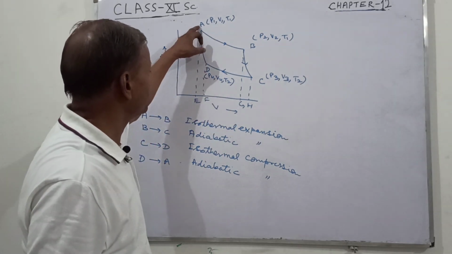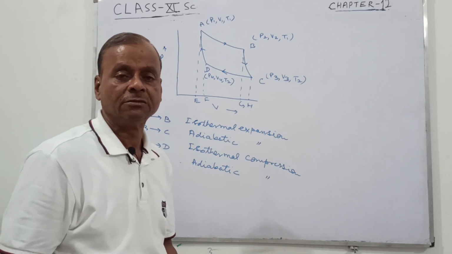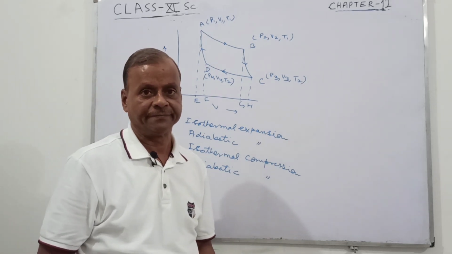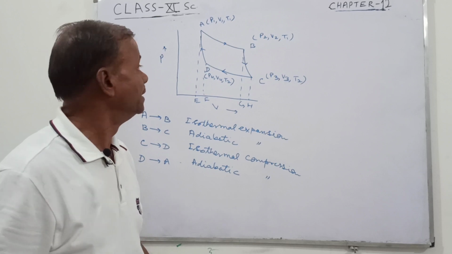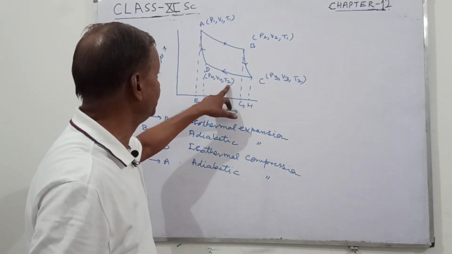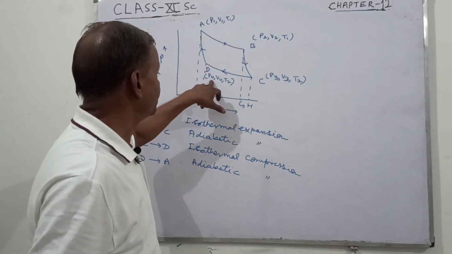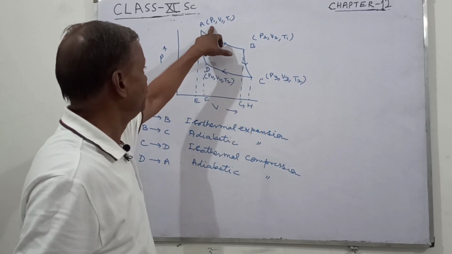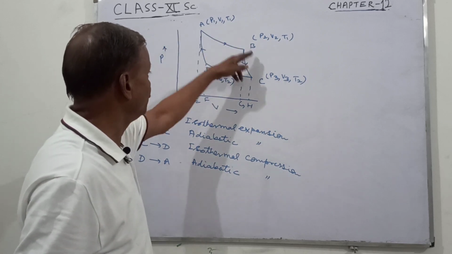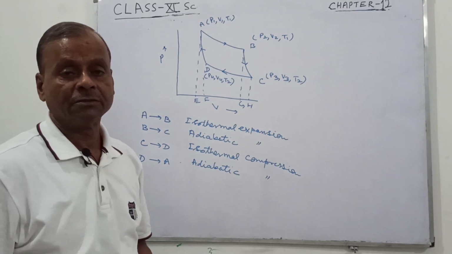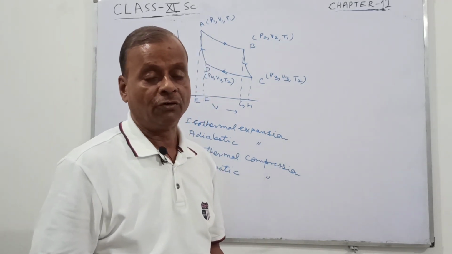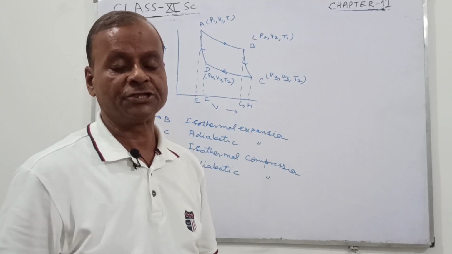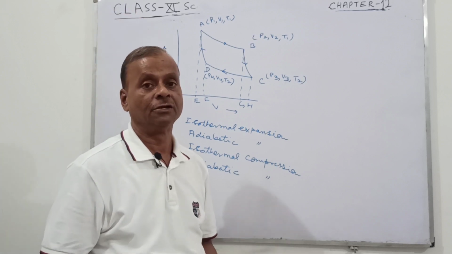Again the system is carried to the insulating stand, where there will be no exchange of heat and the temperature will increase from T2 to T1, and pressure and volume will also be P1 and V1. Thus after one cycle, the working substance returns to its original position. So there is no change in the internal energy of the system.